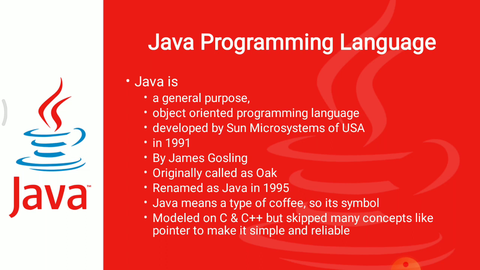After that, I will tell you what sort of errors come when you develop a program for the first time. So you need to watch the video completely. I will explain each and every part, from scratch: how to install JDK, how to set the class path, and how to run the first program.